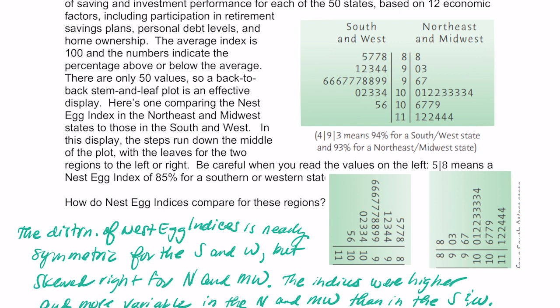Okay. Nine northern Midwestern states had higher indices than any states in the Southwest. So what we're talking about there would be the highest here is 106. Here we've got 107, 109, 111, 112, and 114.